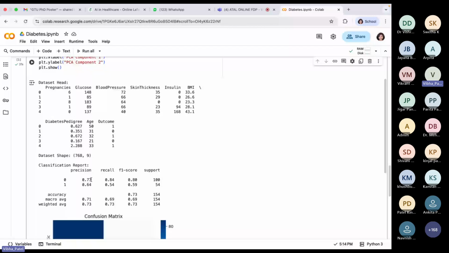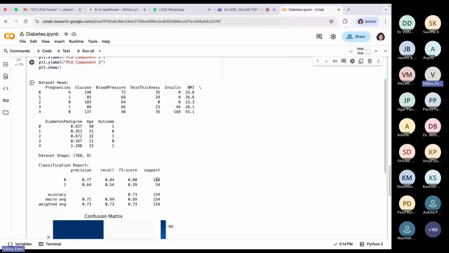This in turn is stating that this model is not so good, and the reason for it can be several: you may need to tweak the network, or the amount of data available is much less, or there are imbalances that exist in the data. You'll see that the support is projecting the number of data used for non-diabetic and diabetic.